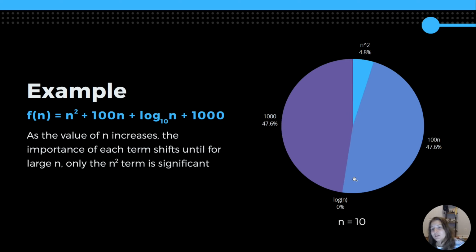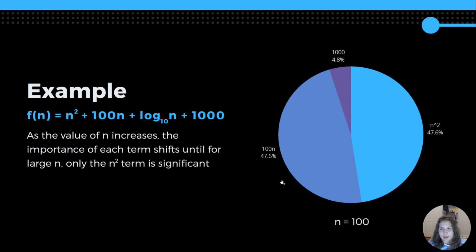When n becomes 10, then 100 times n and 1,000 are the most significant numbers, because 100 times 10 is 1,000, and then we have 1,000. When n becomes 100, n squared and 100 times n are the most significant values, because both of these values are 10,000. 1,000 has now become insignificant because it's slowly getting eclipsed by n squared and 100n.